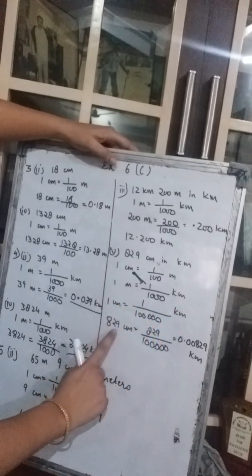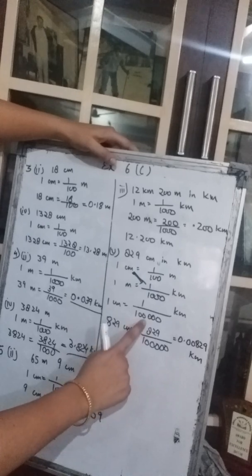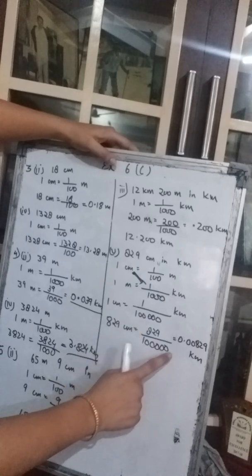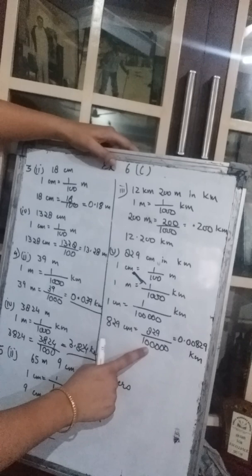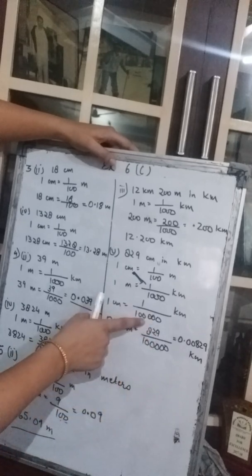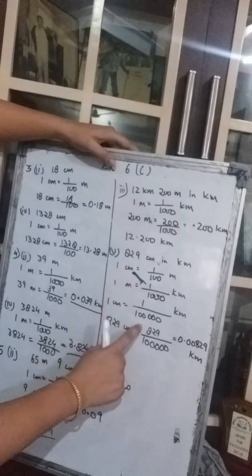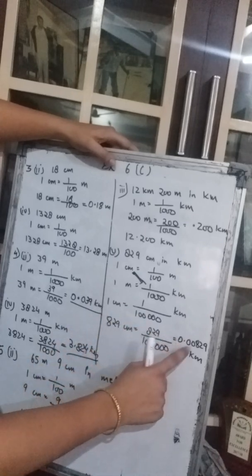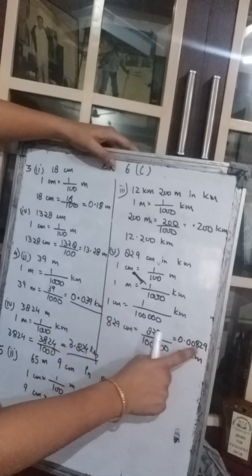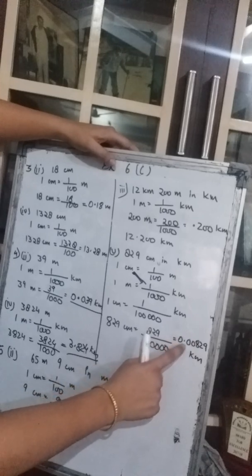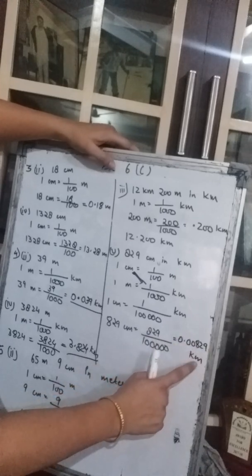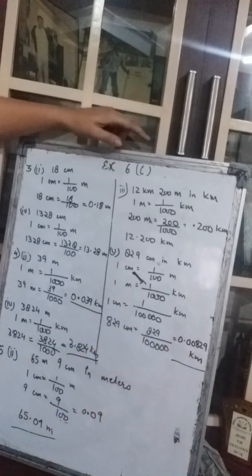So 829 centimeter will be equal to 829 upon 1 lakh. How many zeros are there in 1 lakh? 5. How many digits are there? 3. So we have to make it 5, so we will add 2 zeros before this. So we have added these 2 zeros before 829. So it is 0.00829 kilometer. Got it?